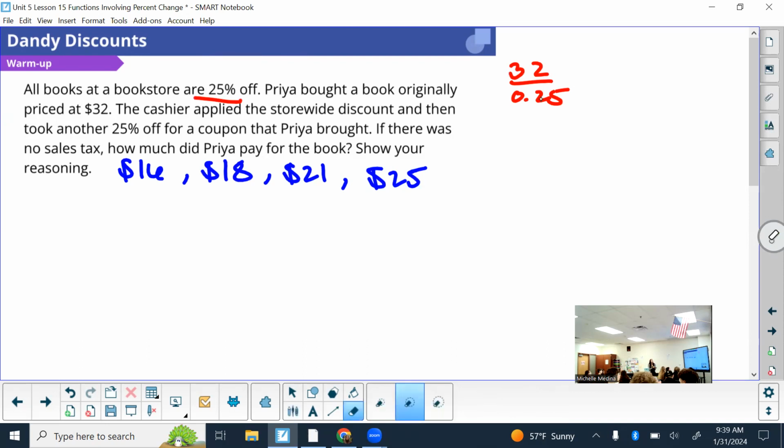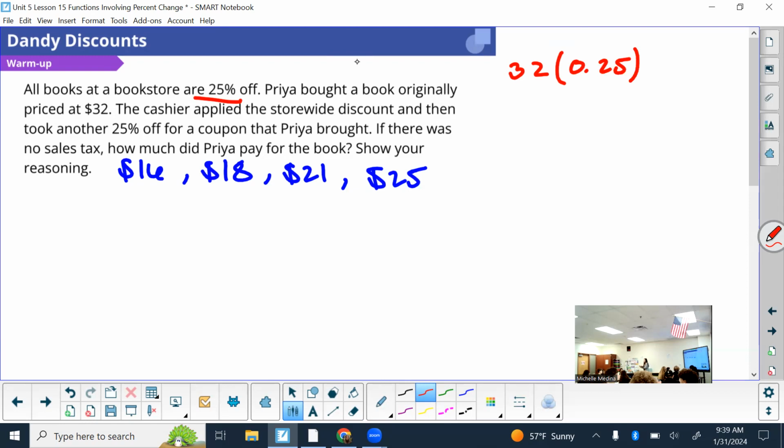Multiply by 0.25. I think some people could have divided it by 4, because quarters, there's 4 of them in a whole, but it's probably easier to multiply it by the decimal of the percent. So 25% is equivalent to 0.25. What is 25% of 32?